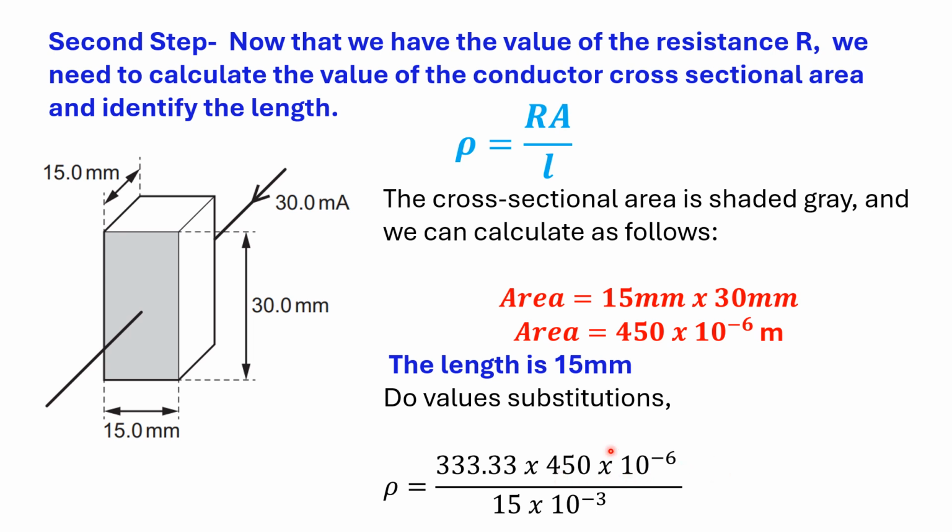Please try it in your calculator, because sometimes with all this work we can have a minor error at the end in the calculations. So you should have the value of the resistivity 10 ohm meters, and that's the unit for resistivity.